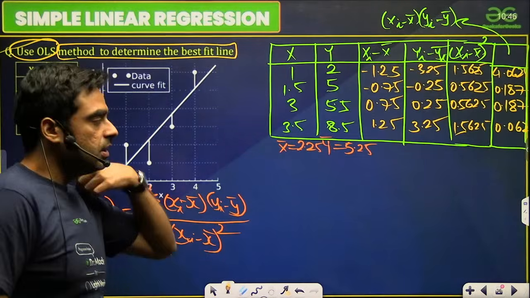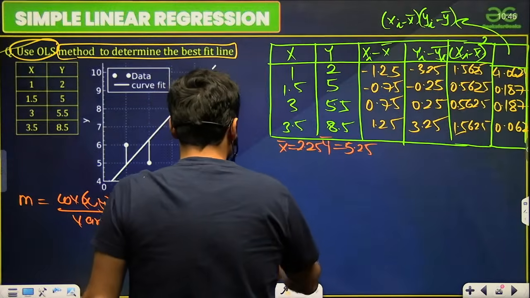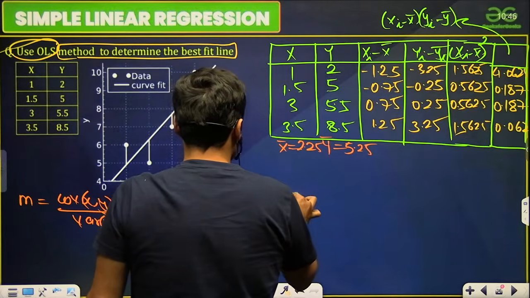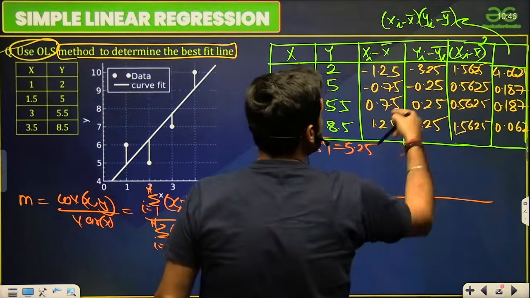Okay, so now what is the value of m that I would be getting? I can just sum up these values.